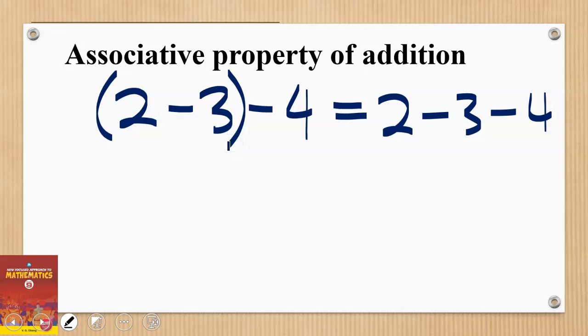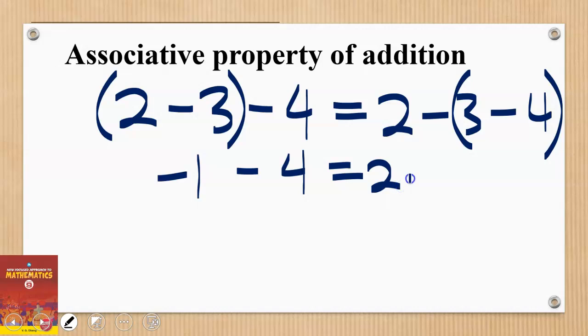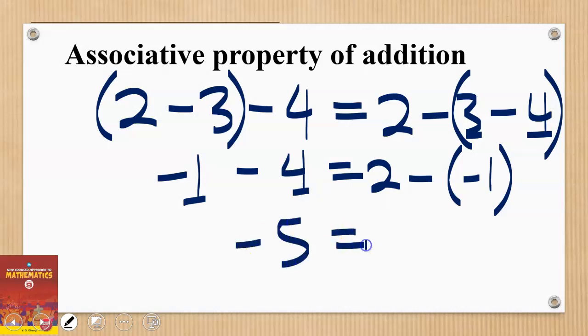And 2 minus 3, I know, is going to give me negative 1. Then I bring down minus 4. What about the right hand side? This time around, I want to do this one first. So I have my 2 minus, in brackets, 3 minus 4, which will give me negative 1. Now, I have negative 1 minus 4, that is negative 5. I have 2 minus negative 1, and that will give me 3.